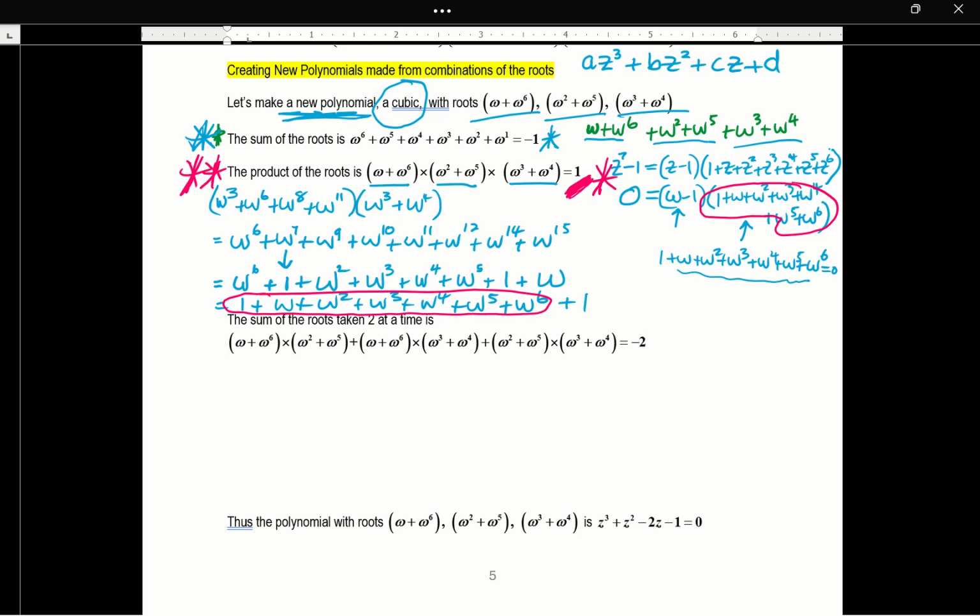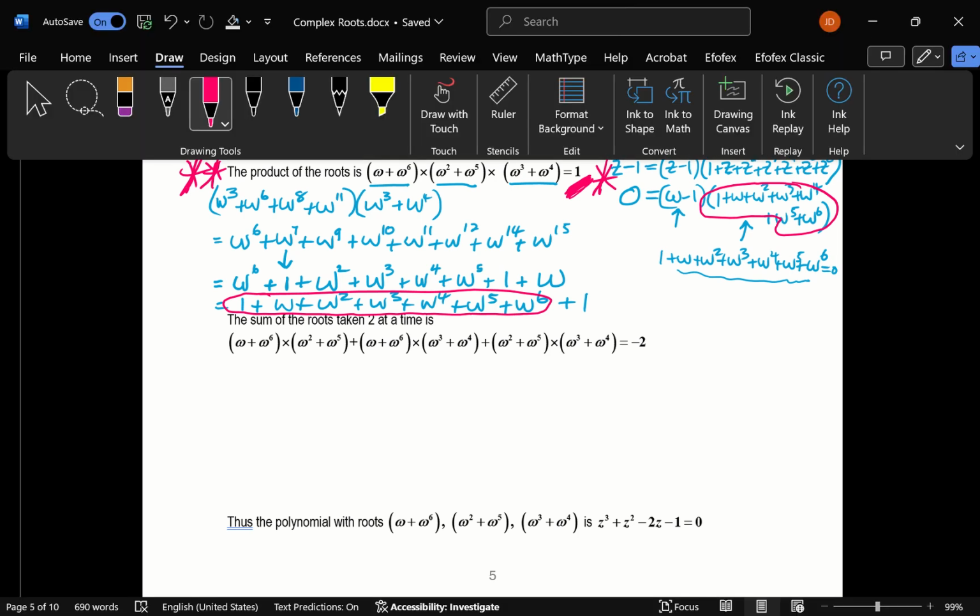And now we just want to find the sum of the roots taken 2 at a time, because that's going to be C on A. Up here at the top right of our screen, we see we've got C in front of the Z for our third coefficient, and we know that the sum of the roots taken 2 at a time is equal to C on A. So let's take them 2 at a time.